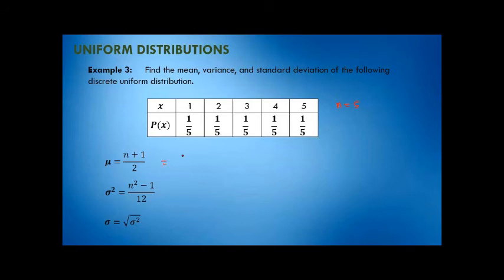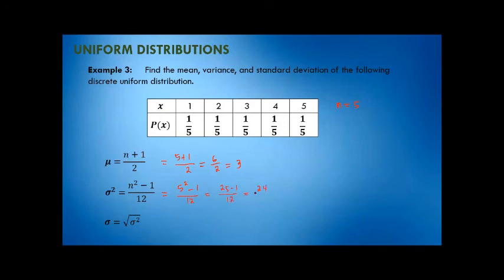So for the mean, this will be 5 plus 1 divided by 2. This is 6 divided by 2. The answer is 3. For the variance, this will be 5 squared minus 1 divided by 12. This is 25 minus 1 divided by 12.